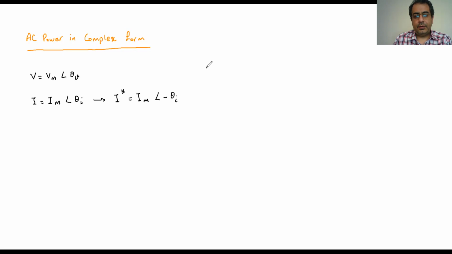Then the apparent power is going to be half of V times I star. So this is how we can write it in a complex format.